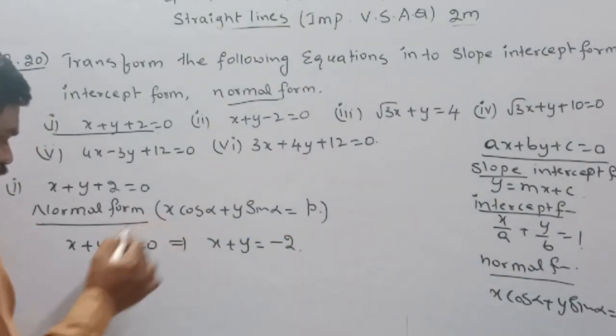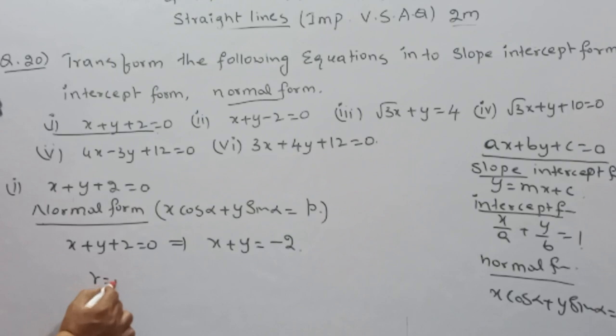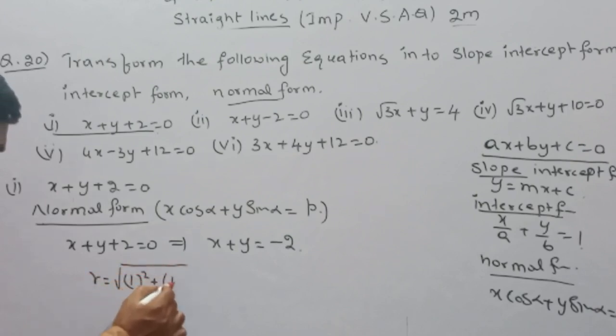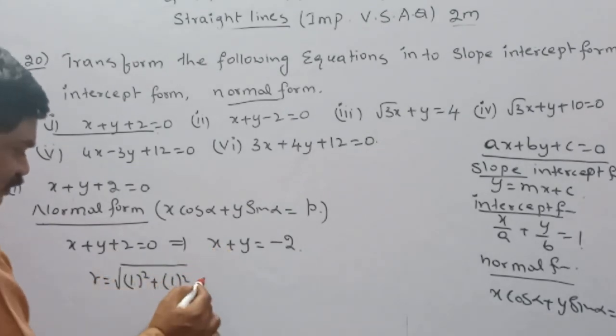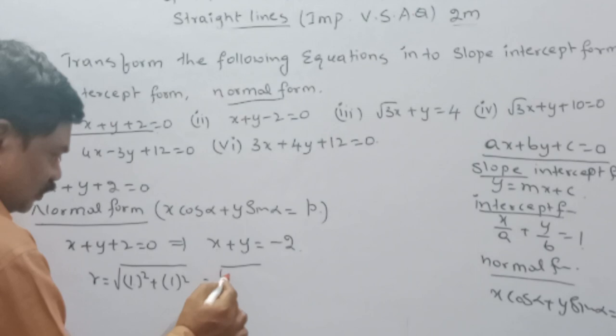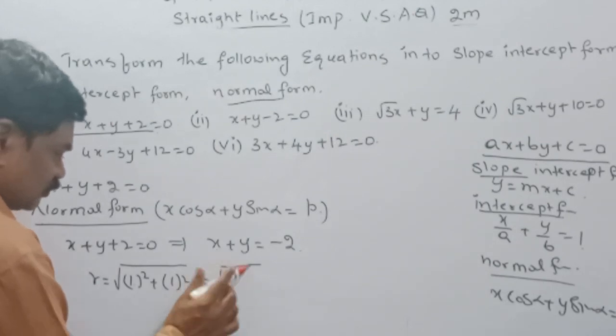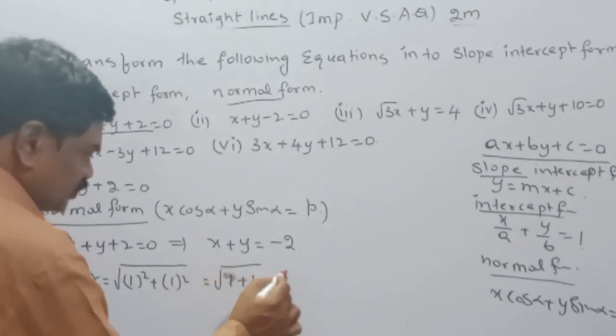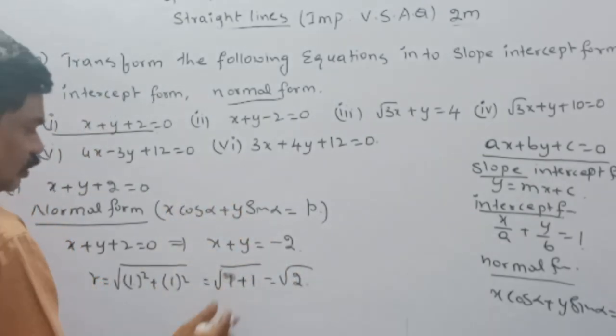First, you can write the r value. R is equal to root of 1 square plus 1 square, that is x coefficient whole square plus y coefficient whole square, is equal to root of 1 plus 1, which is root 2.